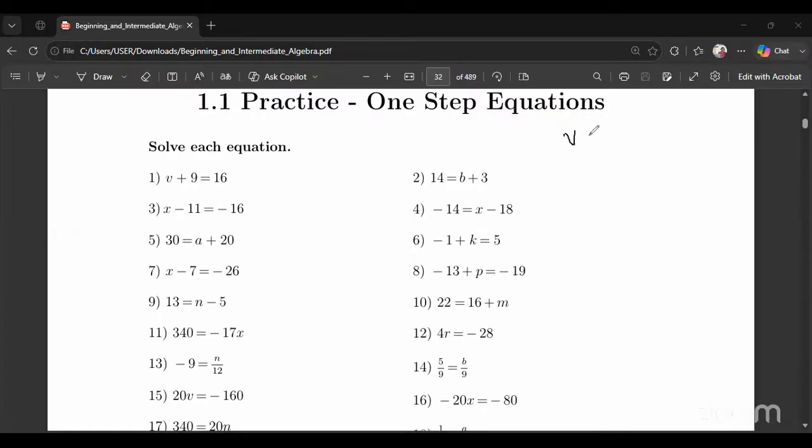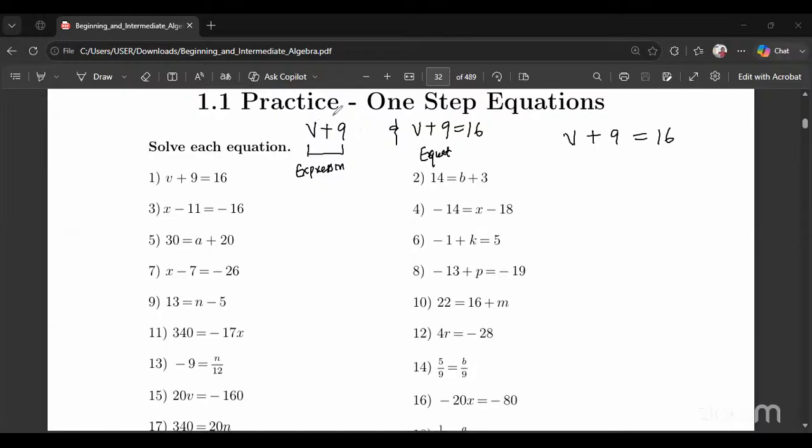Question 1, we have v plus 9 is equal to 16. So this is an equation. Of course, I'll quickly talk a little bit about equations and expressions so that you understand why it is called a one-step equation. If you have a mathematical statement like v plus 9, and maybe another one like v plus 9 equal to 16, like the one we're about to solve, this first one is called an expression, while the other one is called an equation.